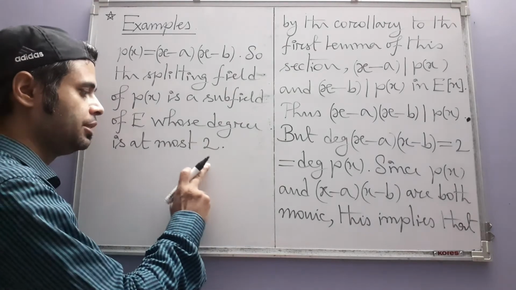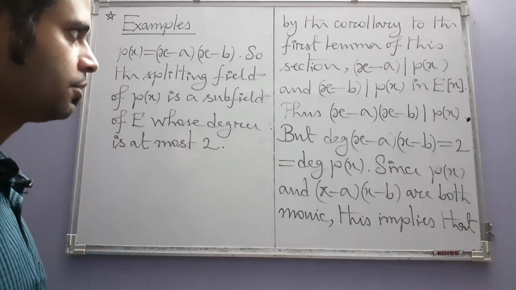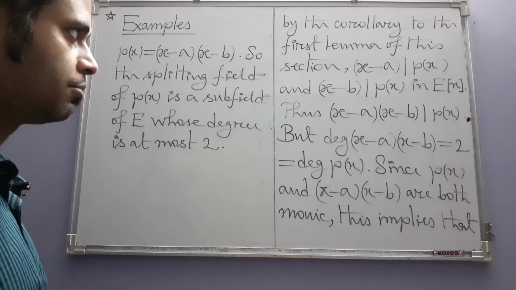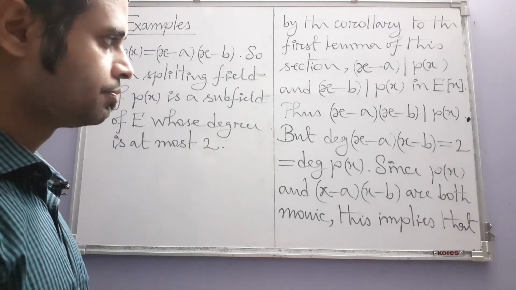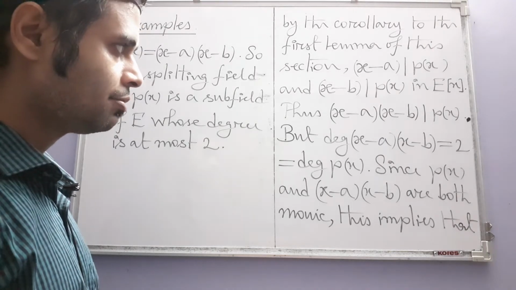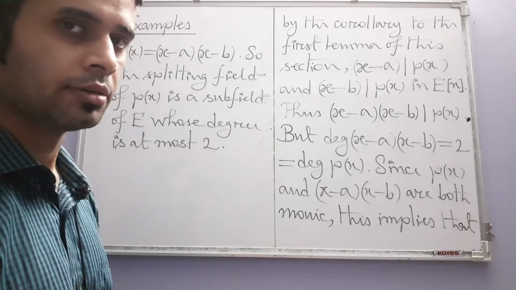At most 2 we say because we don't really know whether we are having these roots a and b outside of f or actually inside of f.